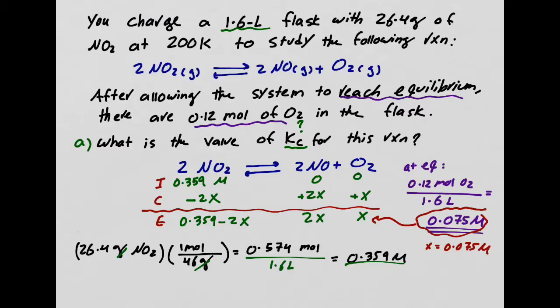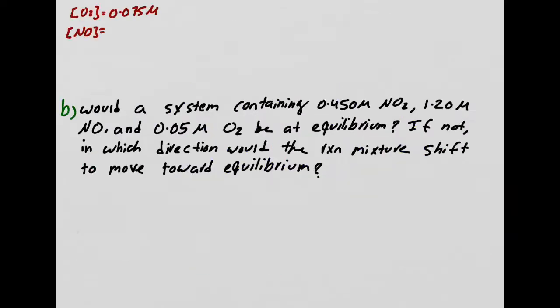NO concentration would be 2 times 0.075. You guys following that, right? NO would be 2 times 0.075 because NO is 2x. So that would be 0.15 molar.